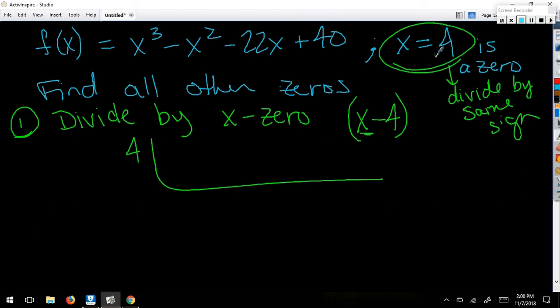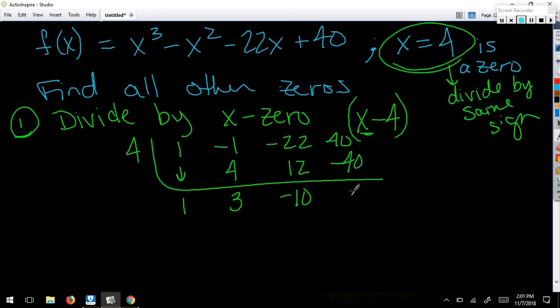All right, so let's set up inside. What goes in here? 1, negative 1. Drop it. Multiply, add, multiply, add, multiply.